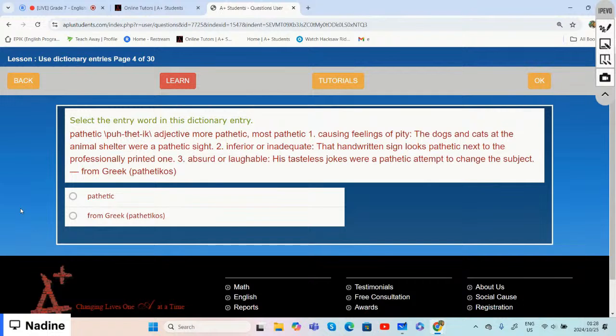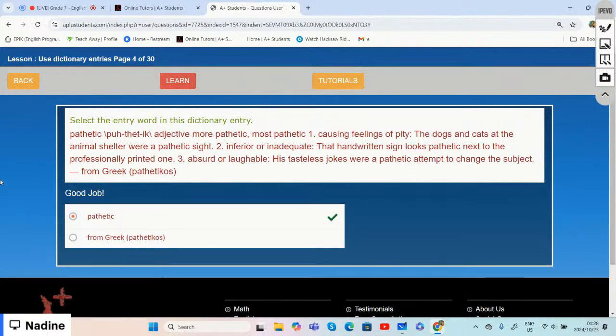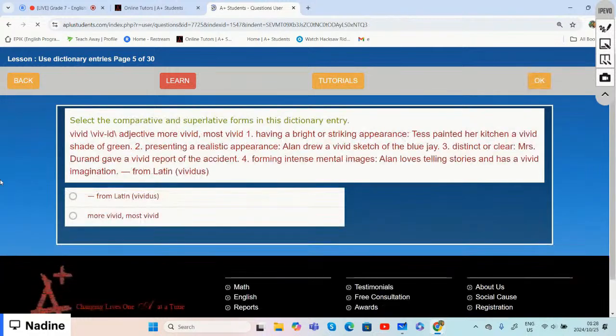If we were to select the entry word, then it would be option one, pathetic. That is our entry word. Well done.